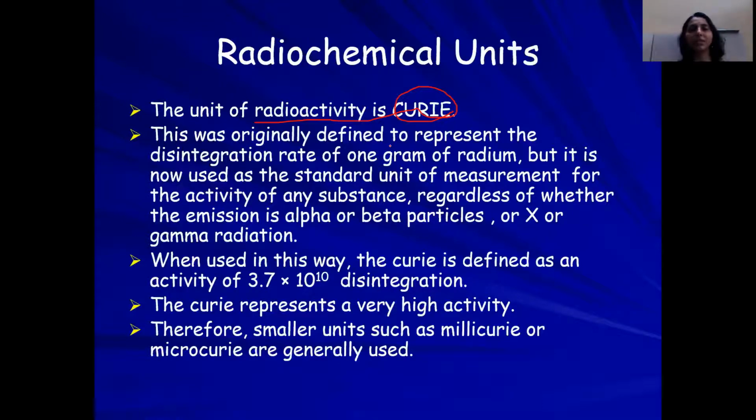When used in this way, the Curie is defined as the activity of 3.7 × 10^10 disintegrations. The Curie represents a very high activity, and therefore it can be used in smaller units such as millicurie or microcurie. This also is asked sometimes as a 5 marks question.